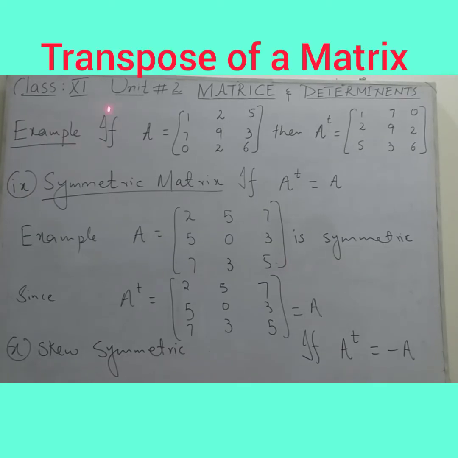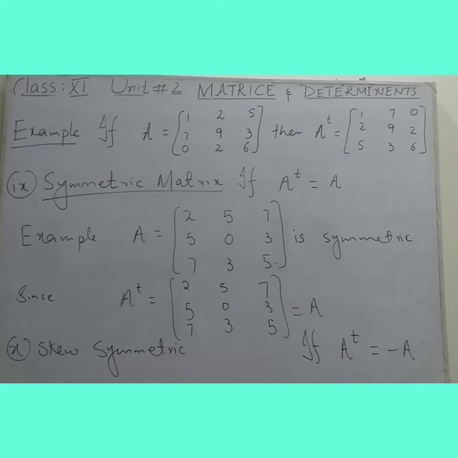Now for example, if A is equal to 1, 2, 5, 7, 9, 3, 0, 2, 6, then A transpose. To find A transpose, we will change rows into columns or columns into rows. Same thing, interchanging of rows and columns gives the transpose of a matrix.